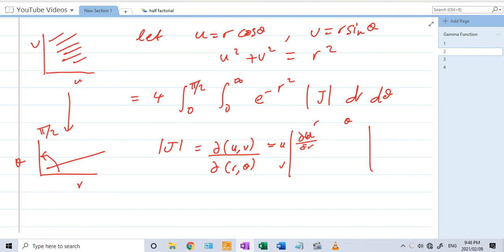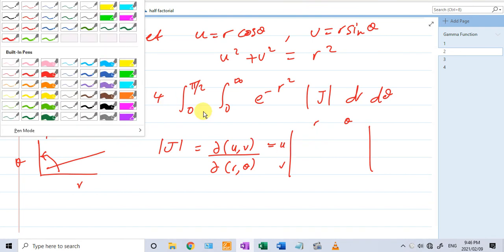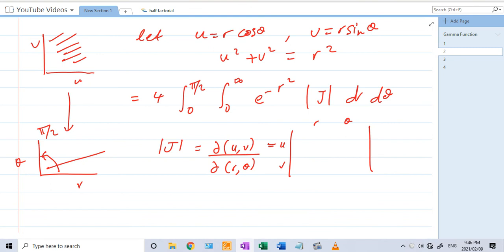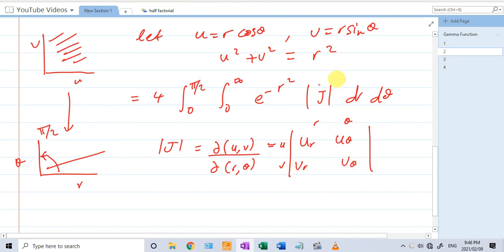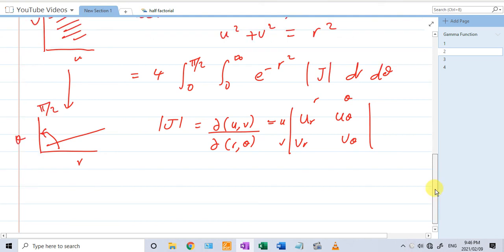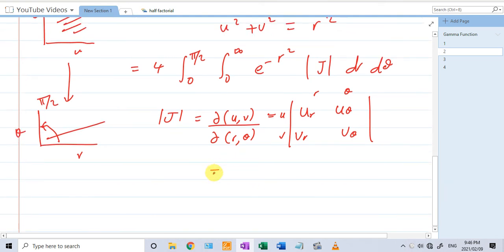Okay, so let us just use subscripts. This is from second year calculus, guys. So for simplicity, let me just write ur, u theta, vr, v theta. So basically the Jacobian will work out to r, but I'm showing you in detail.